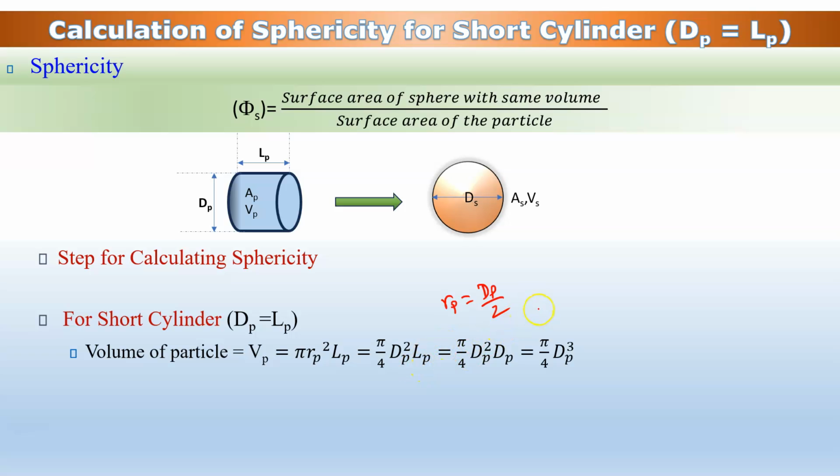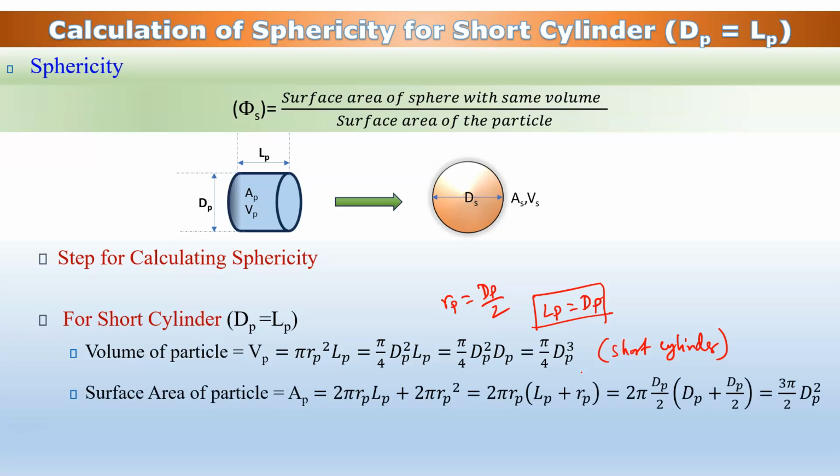Now here lp is equal to dp, so plugging this lp value, we get pi by 4 dp cube. So the volume of the short cylinder is pi by 4 dp cube.